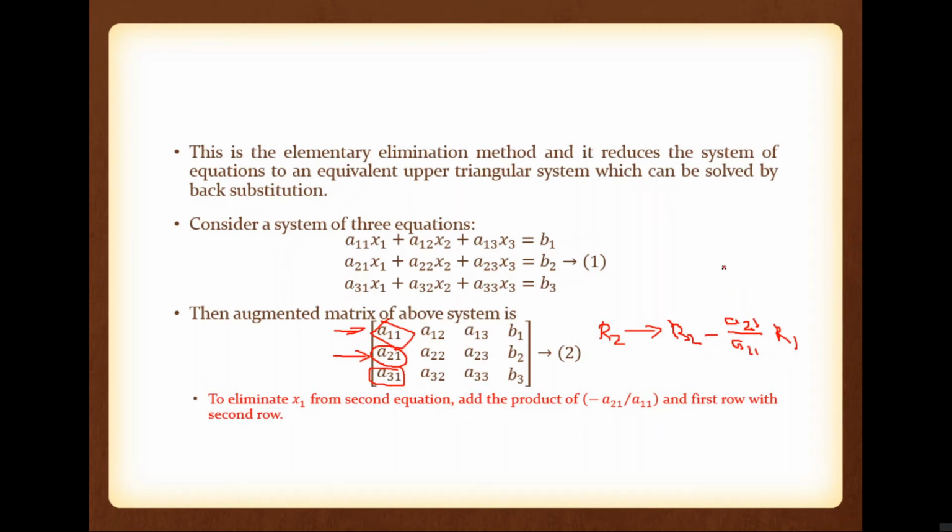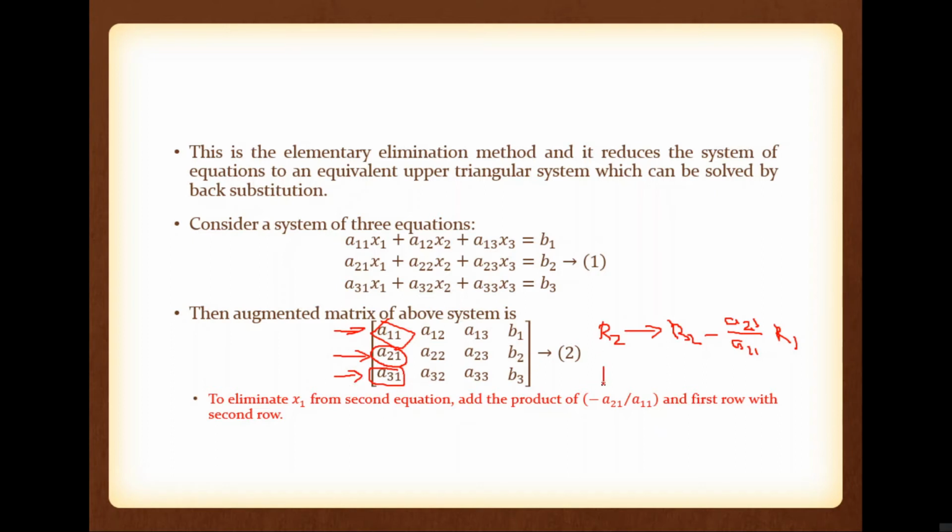So can you say how to remove A31? Can anyone say? You can see that A31 is lying in the third row. So in order to remove A31, we have to modify row 3.